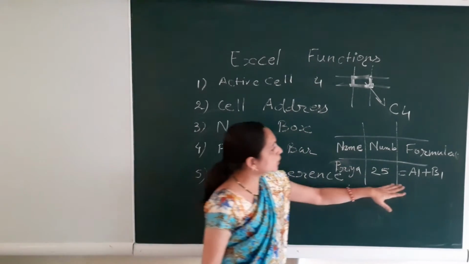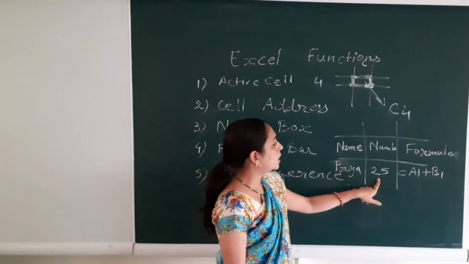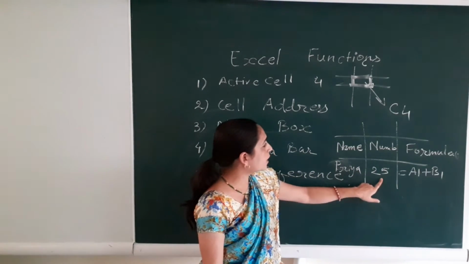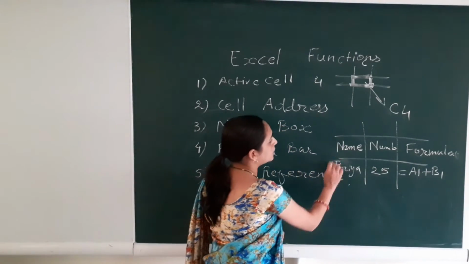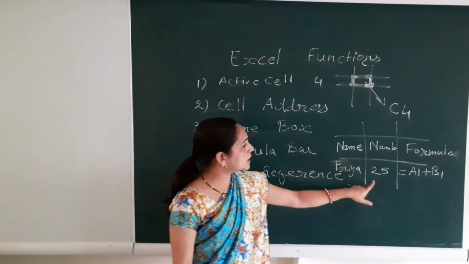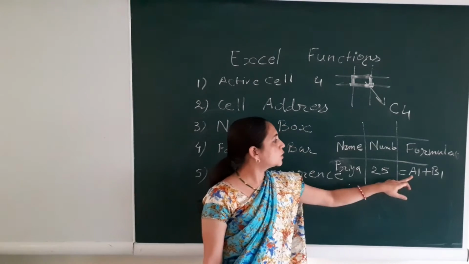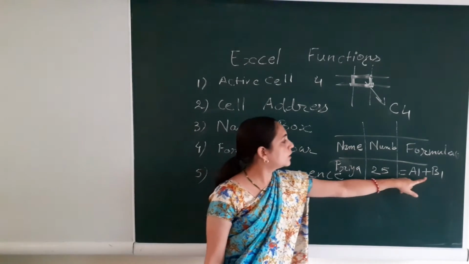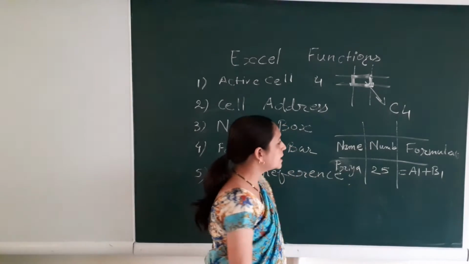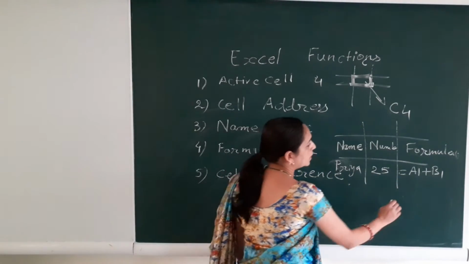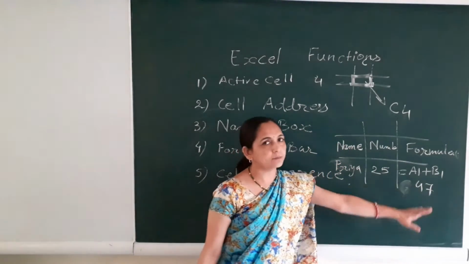This way you can enter your data, in the form of text or label, number, or formula. If you select this cell, the formula bar will show the name Priya. If you select this cell, it will show the number 25, and if you select this cell, the formula bar will show equal to sign A1 plus B1. And in the cell, whatever the answer of A1 plus B1 is, suppose 47, it will show 47.